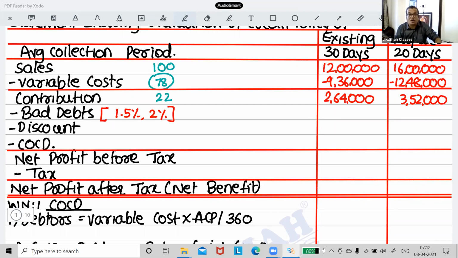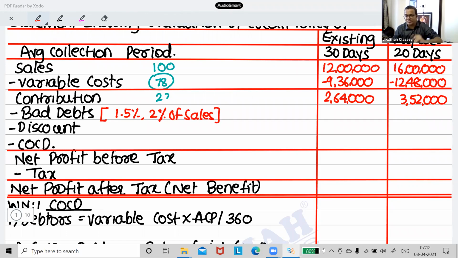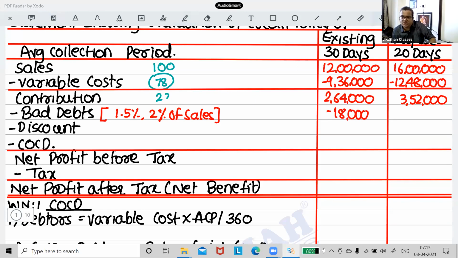Bad debts are calculated on sales. So 18,000 using a calculator for this. Correct. 2% of this will be 32,000.